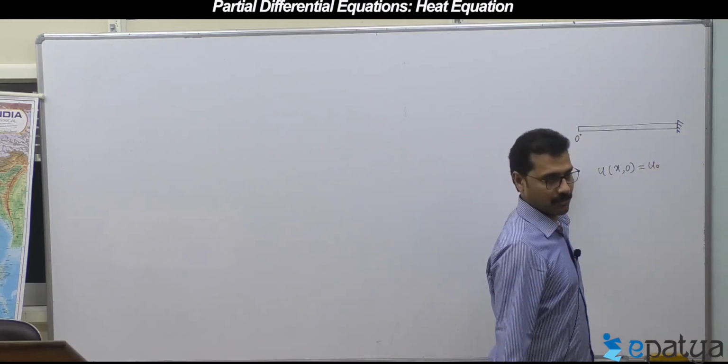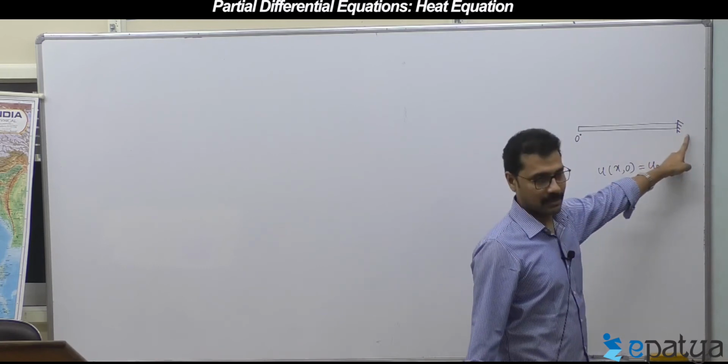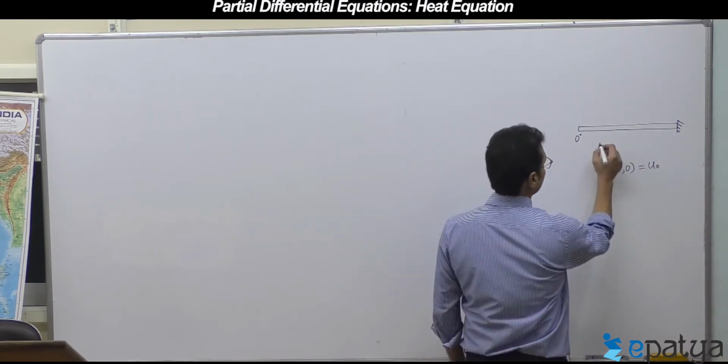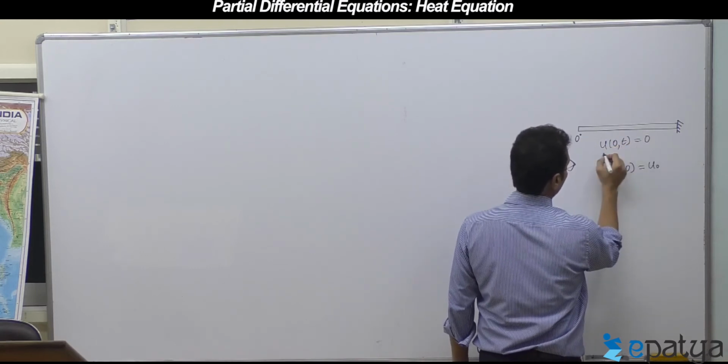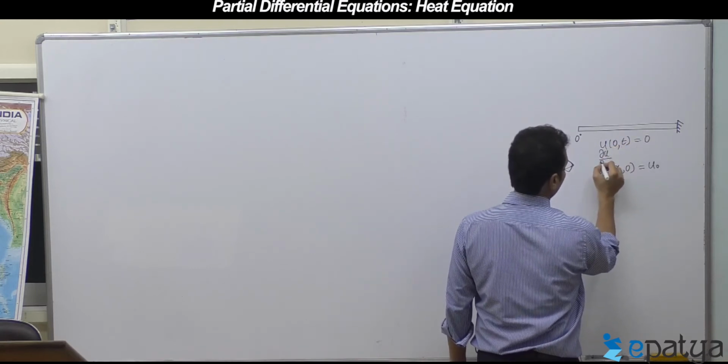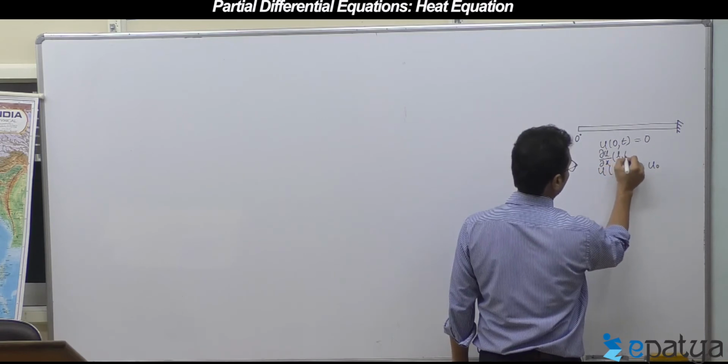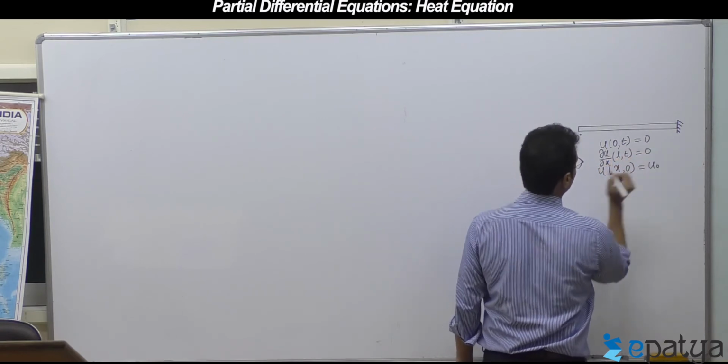So U of 0 comma t is 0, and dou U by dou x at L comma t is 0.